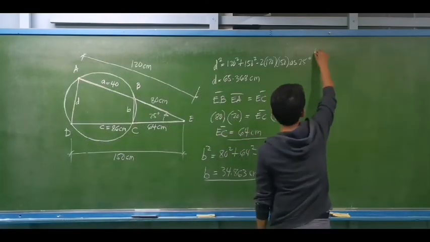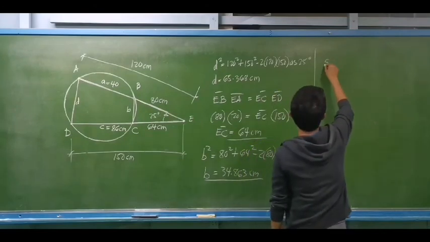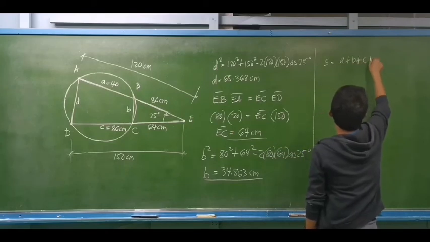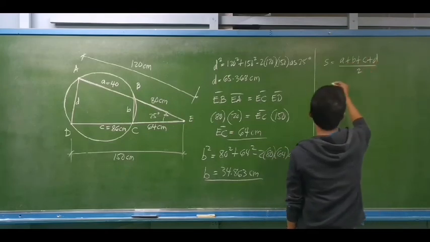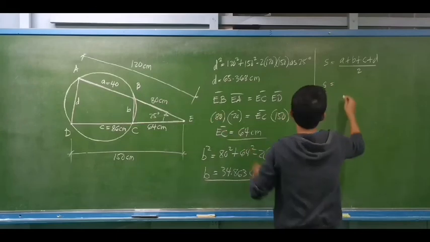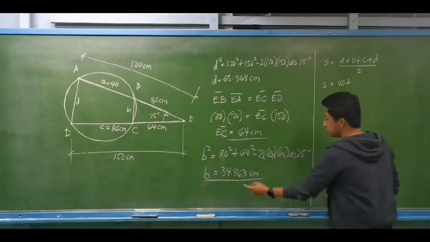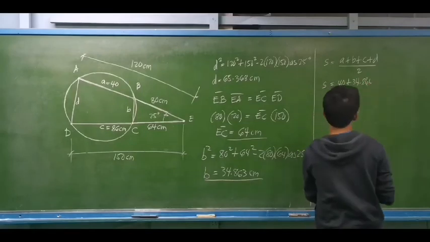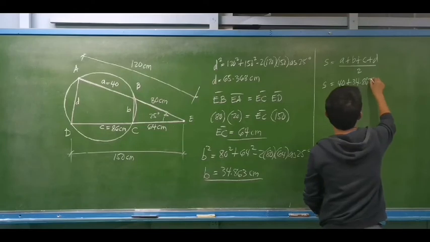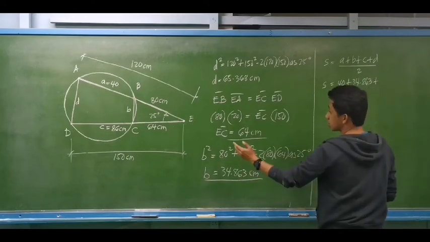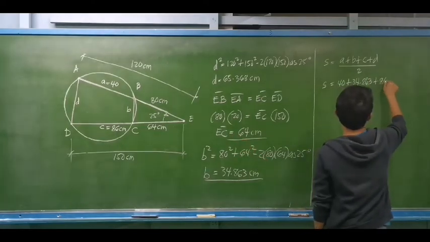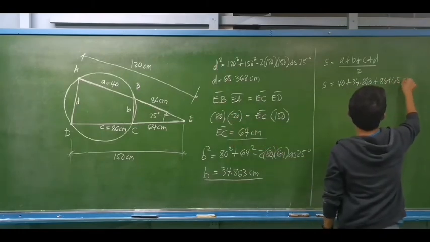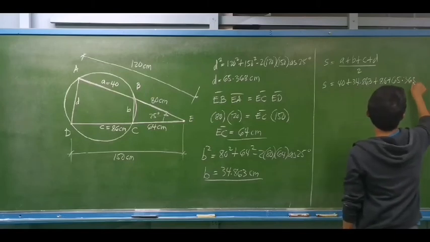Makuha na natin yung area. So gamitin natin yung semi-perimeter. S is equal to A plus B plus C plus D, divided by 2. Ano si side A? 40. Ano yung side B? 34.863, plus side C, 86. Side D, nakuha natin 65.368.